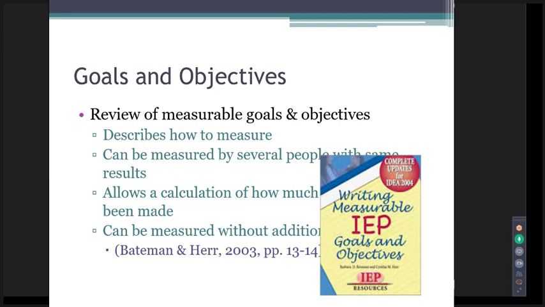It needs to allow a calculation of how much progress has been made, and you need to be able to measure it without additional information, such as their starting point. So goals that say will increase blah, blah, blah by such and such percent, if you don't know where they started, it's going to be a little hard to measure that. So that's just a little bit of a review on how to write goals and objectives, the important points to it.